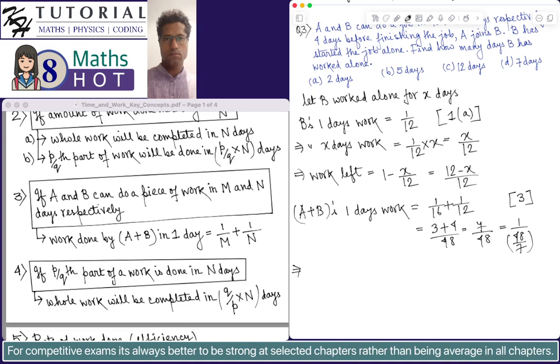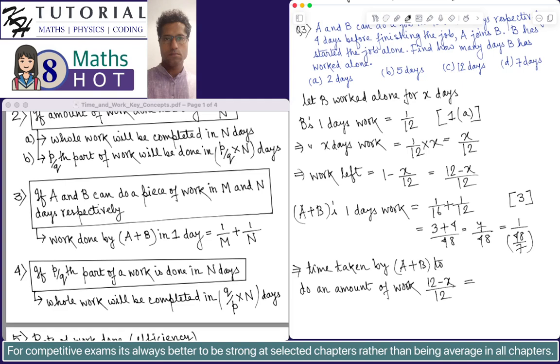12 minus x divided by 12? So we can say the time taken by A plus B to do an amount of work of 12 minus x divided by 12 will be equal to... the whole work is done by A plus B in 48 by 7 days.